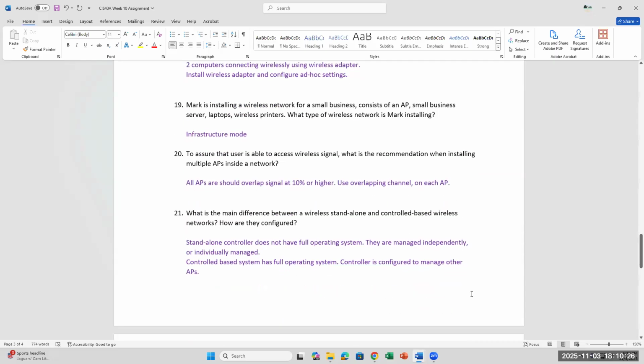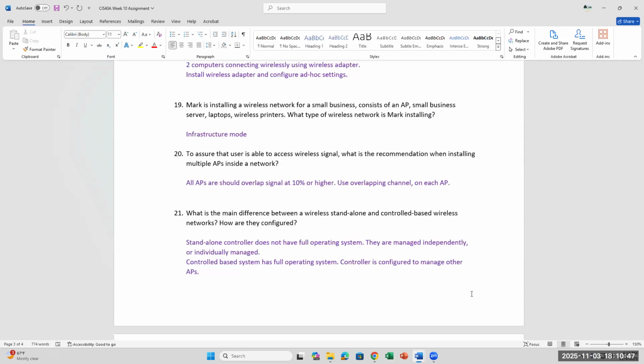Okay, almost there. I know this one is kind of long. So the main difference between the standalone and the controller-based wireless network: how are they configured? The standalone ones do not have the full OS, okay? They are managed independently or individually.